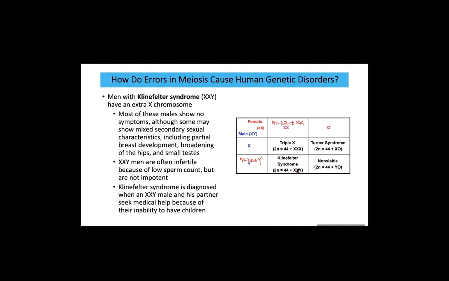Most of these males show no symptoms, although some may show mixed secondary sexual characteristics, such as breast development, broadening hips, and small testis size. They are sterile and may have subnormal intelligence and female body characteristics such as enlarged breasts.